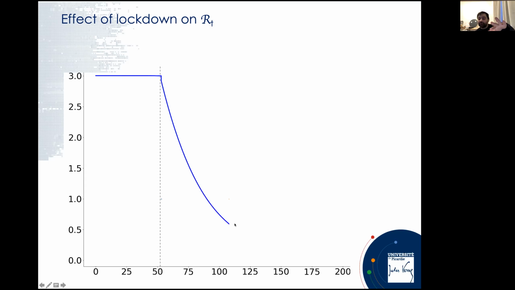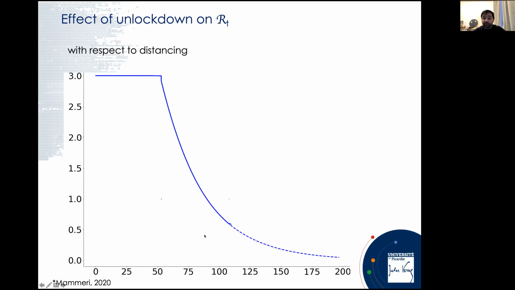We did this paper before the end of the lockdown, so one question was, what will happen after lockdown? We expect it to depend on distancing compliance. First we suppose that if you continue the lockdown, no problem, the epidemic will vanish.